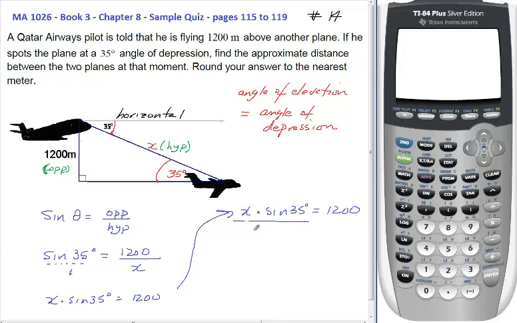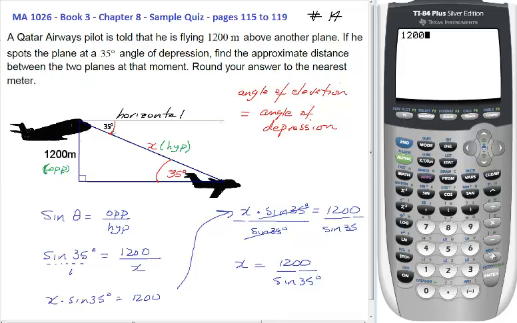Of course that cancels that, so we know x is equal to 1200 divided by the sine of 35 degrees. Over to the calculator, 1200 divided by the sine of 35 degrees.